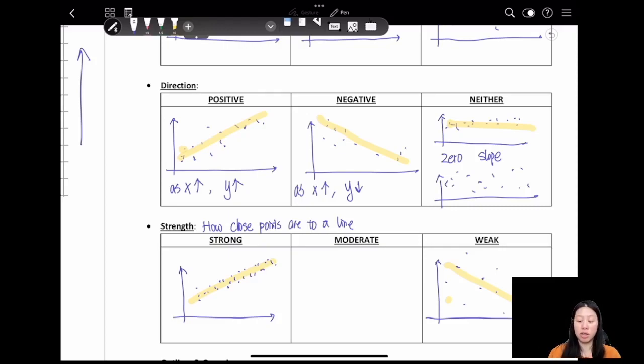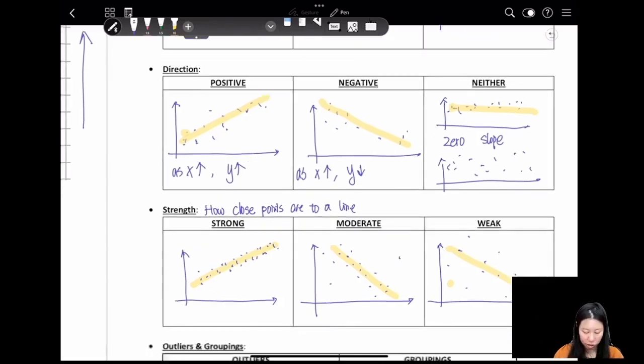But we call this a really weak correlation. Okay, what is moderate? Moderate means in between. I'm going to use the negative as an example because we've been using positive a lot. If it's moderate, that means in general most of the points are still close to the line, but some are really spread out. But in general, you can still find it.